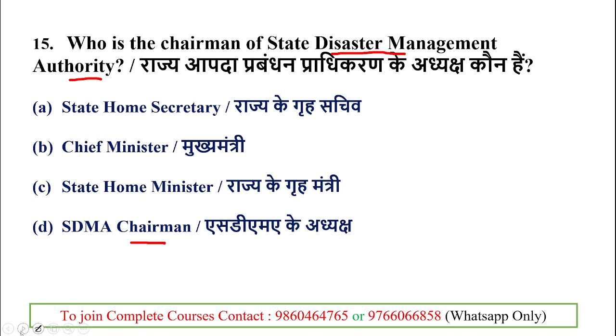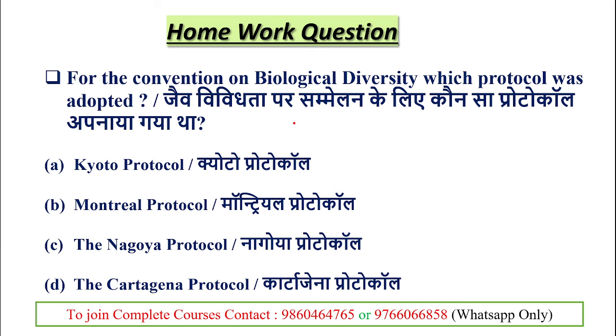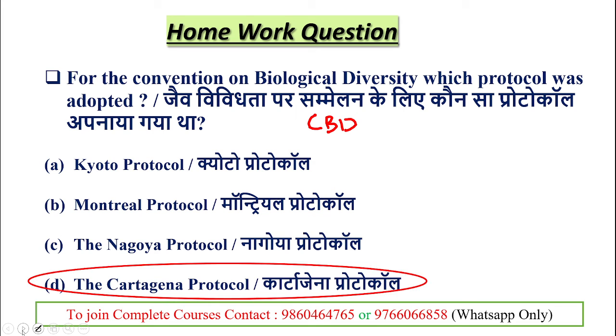Clear? Then next, a homework question. In the Convention on Biological Diversity, CBD, which protocol was adopted? And that is the Cartagena Protocol. The Cartagena Protocol was adopted in January 2000.